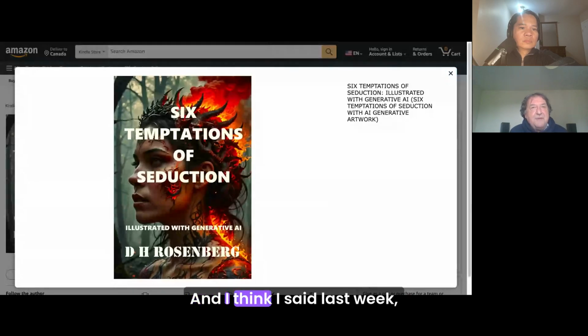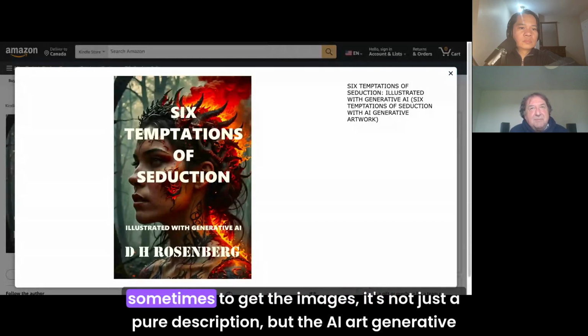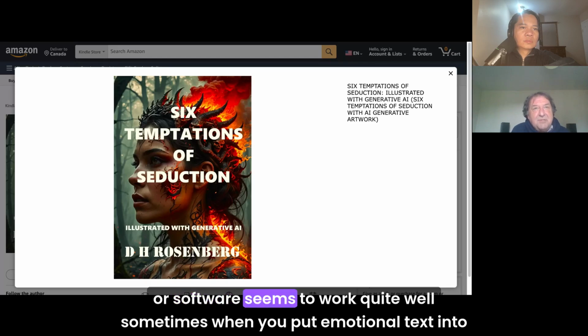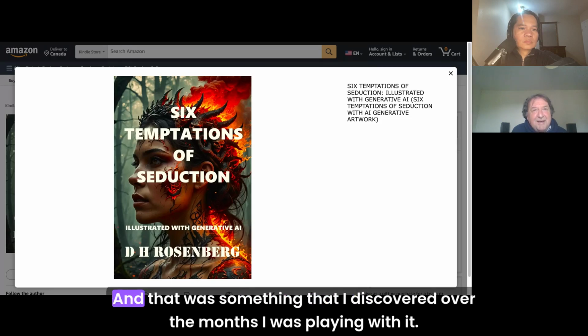And I think I said last week, sometimes to get the images, it's not just a pure description, but the AI generative art software seems to work quite well sometimes when you put emotional text into the prompts. That's something that I discovered over the months that I was playing with it.